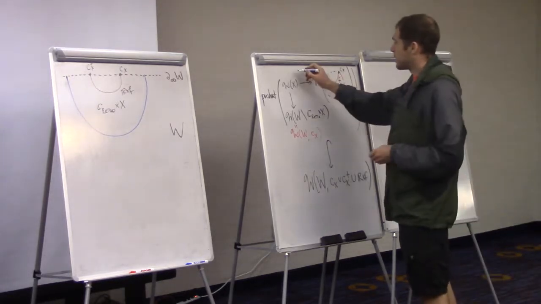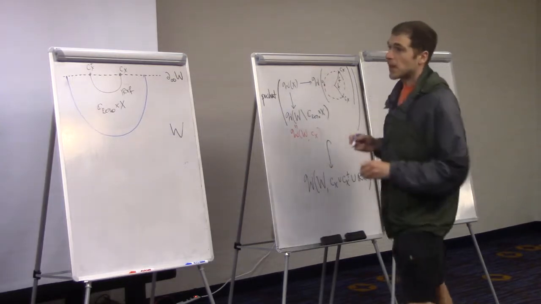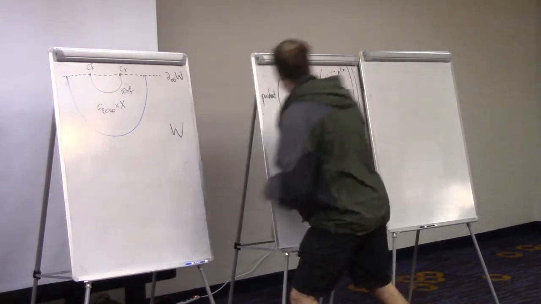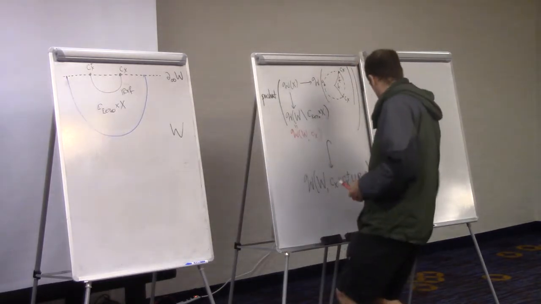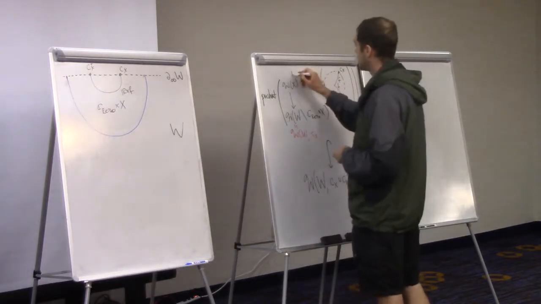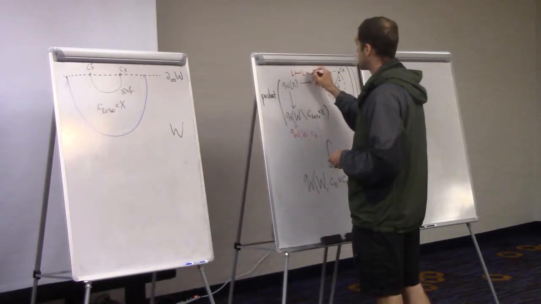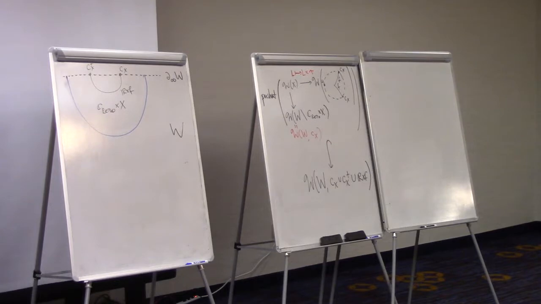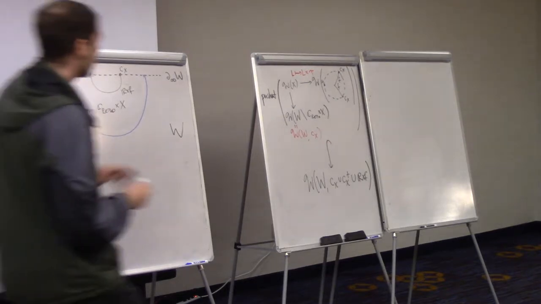Okay, this is the same map as before. L maps to L times tau, where tau is this guy over here. And you have the same orthogonality as before.